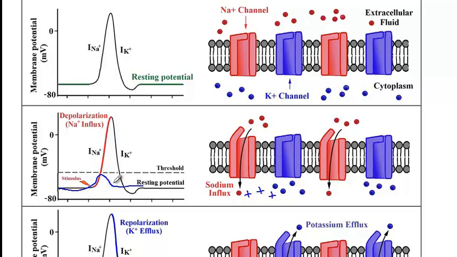In order to have the depolarization, we have to reach the threshold. So once the threshold is met, we will have an all response, meaning that depolarization has happened. But if we don't reach the threshold, then nothing will happen. So all or none response. That's basically the concept that we are referring to.